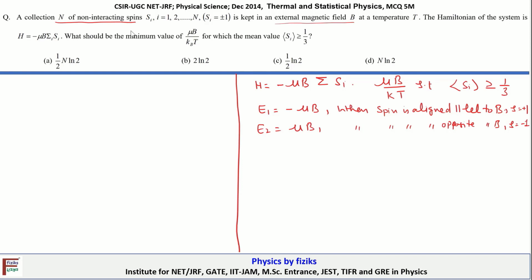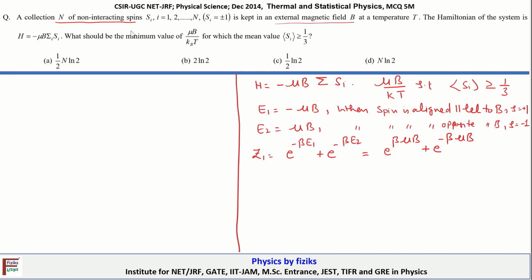Now the partition function for a single spin is equal to exponential minus beta E1 plus exponential minus beta E2. Substituting the values of E1 and E2, we obtain exponential beta mu B plus exponential minus beta mu B. So this is the partition function.